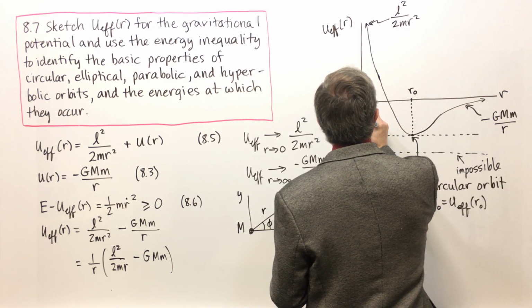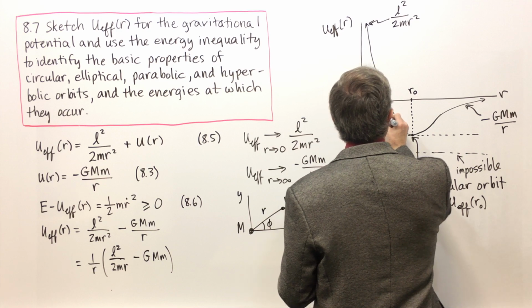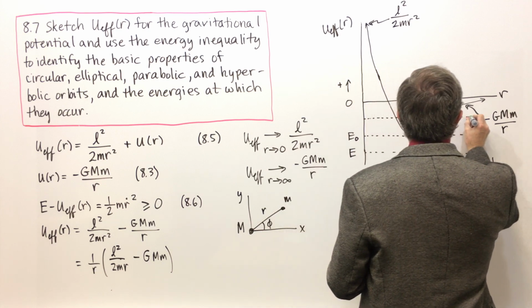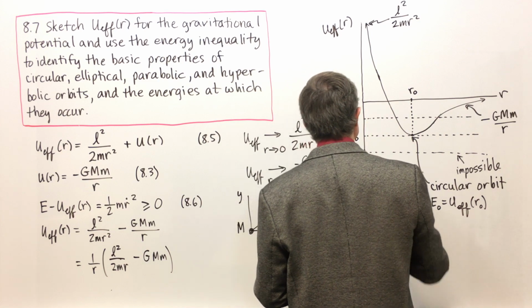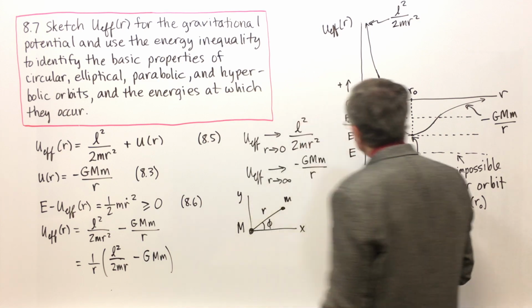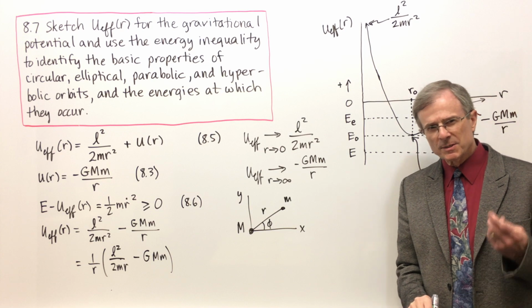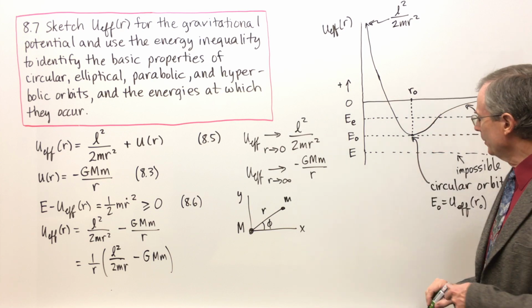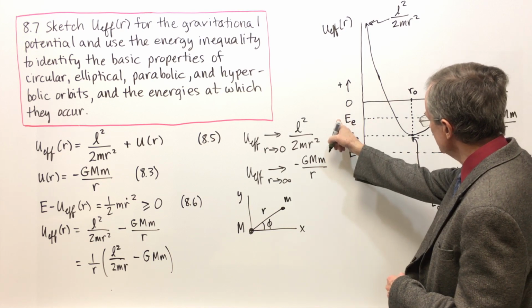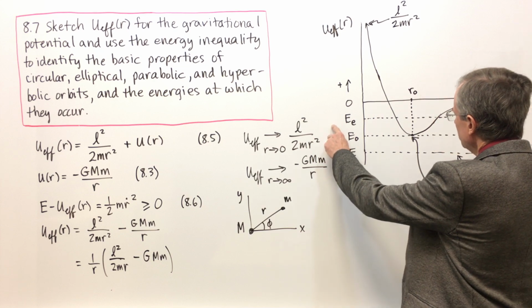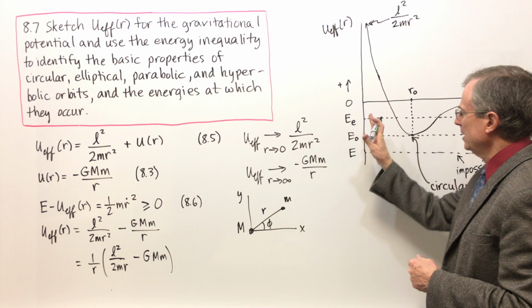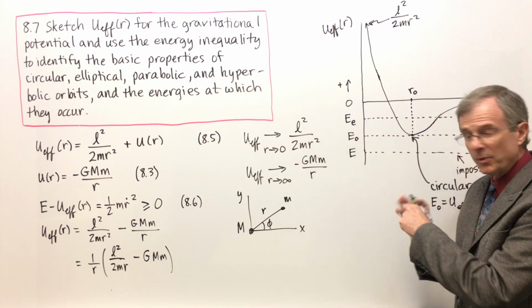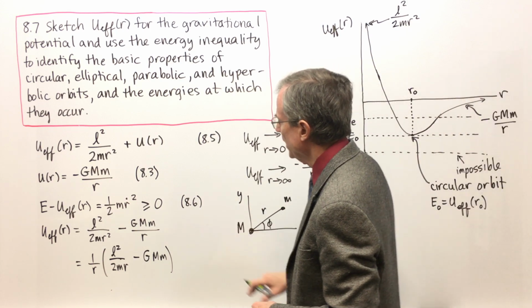Let's look at this one. Let me call that E sub E because it's going to turn out to be an elliptical orbit. That's an energy for an elliptical orbit. Now, for which values of R is this inequality satisfied?